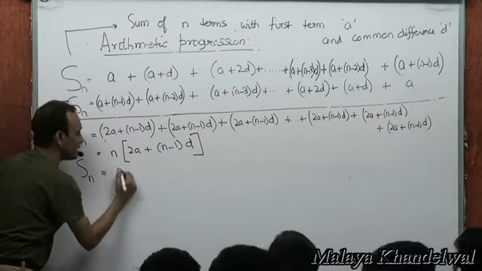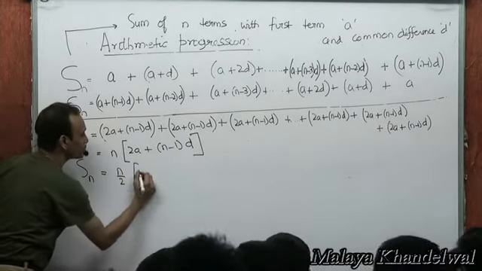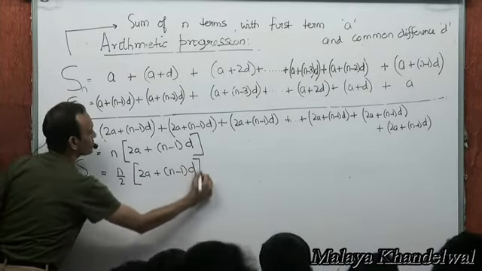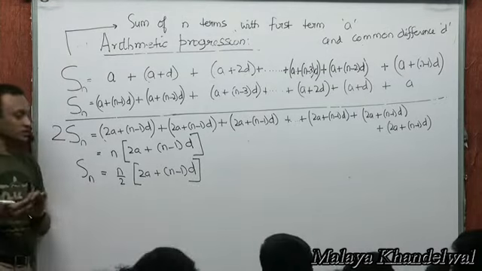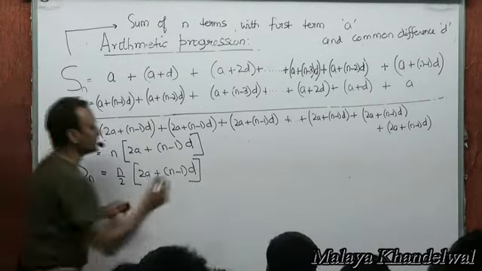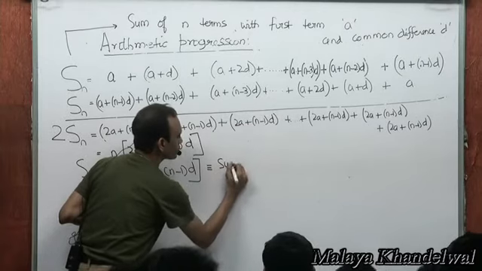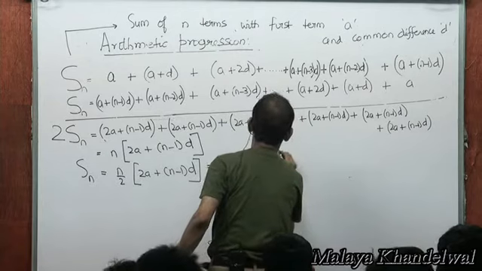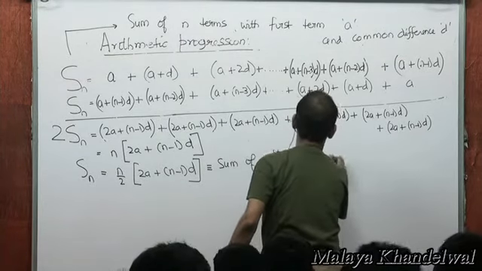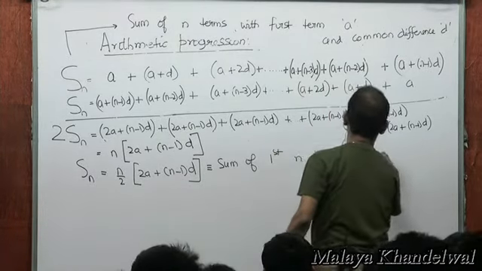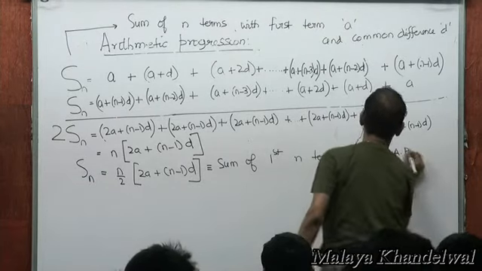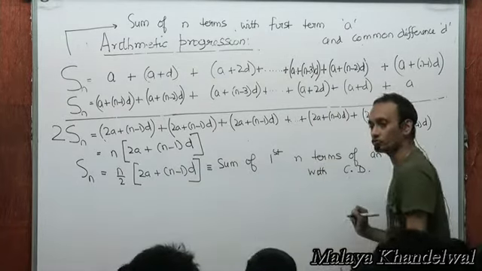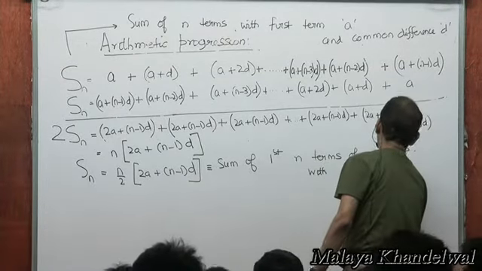So that's going to be n by 2 into 2A plus n minus 1 into D, which is the sum of the first n terms of an AP with first term A and common difference D, CD henceforth.